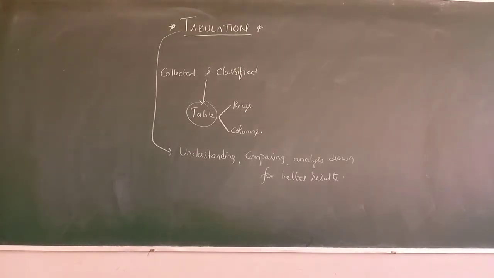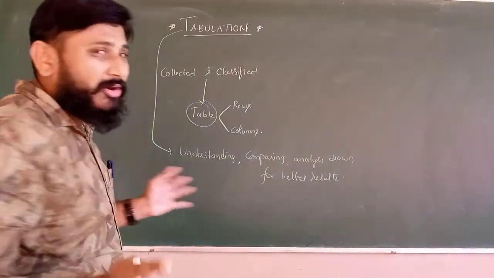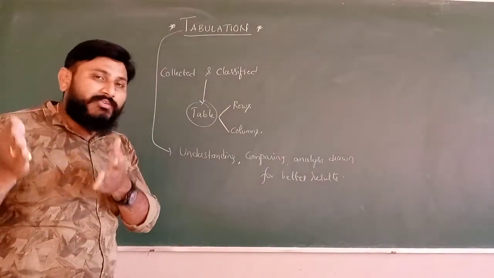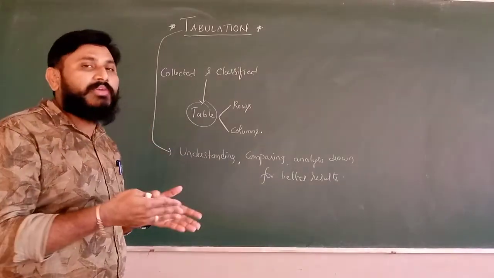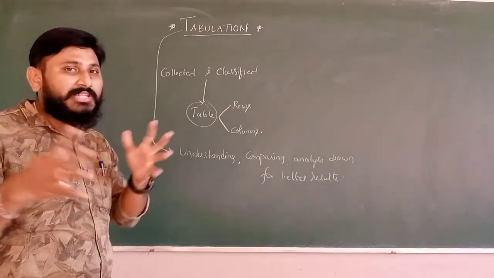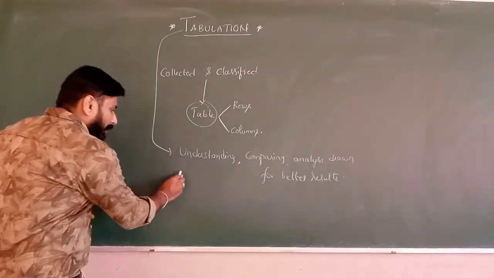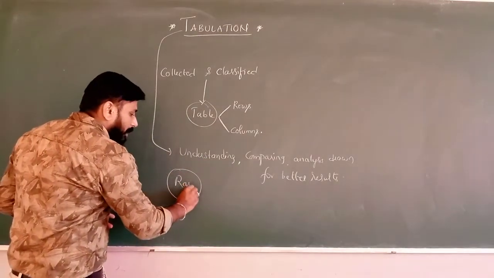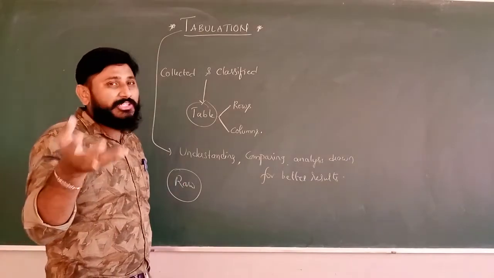Next, classification and tabulation are not two distinct things, they are not separate things. The classified data only, in the form of a table, we are representing, right? When raw data is given, think of how rice is polished.